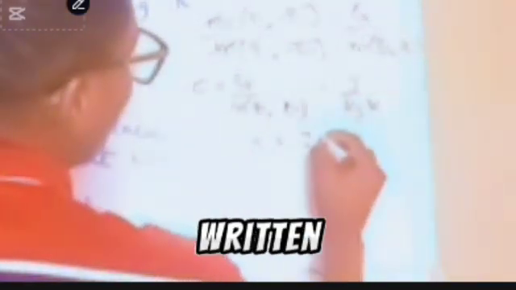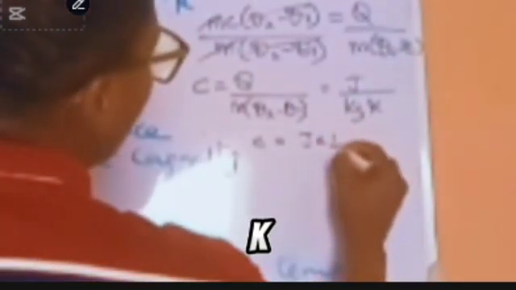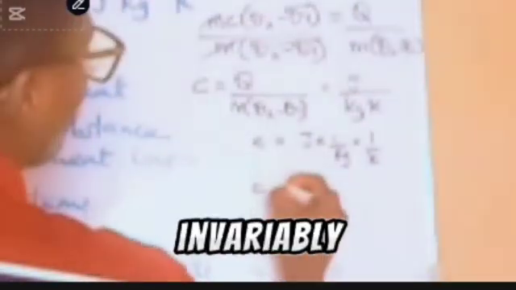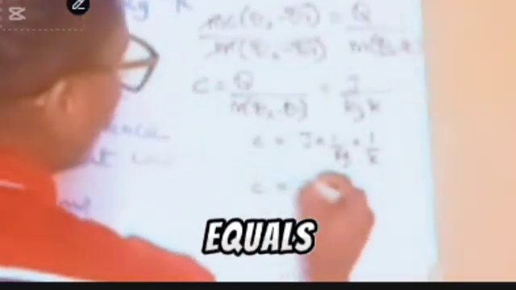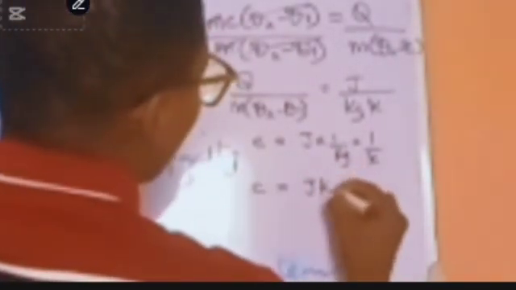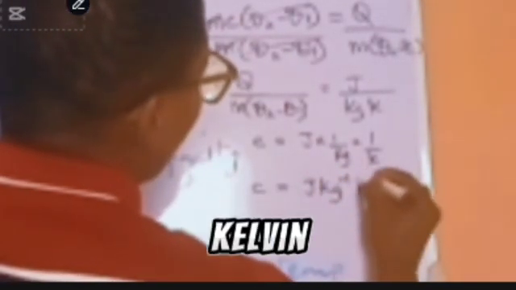This can be written as joules times 1 all over kg times 1 all over K. So invariably, you can write it in indices as joules per kilogram per Kelvin. So that's how we come about the units of specific heat capacity.